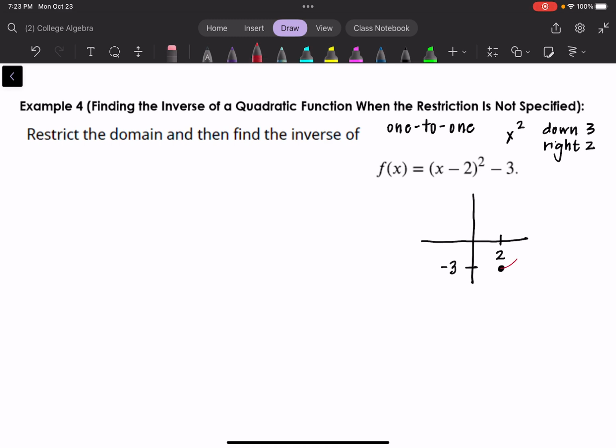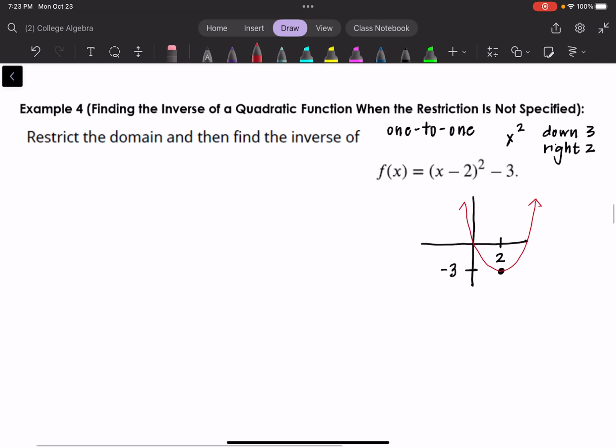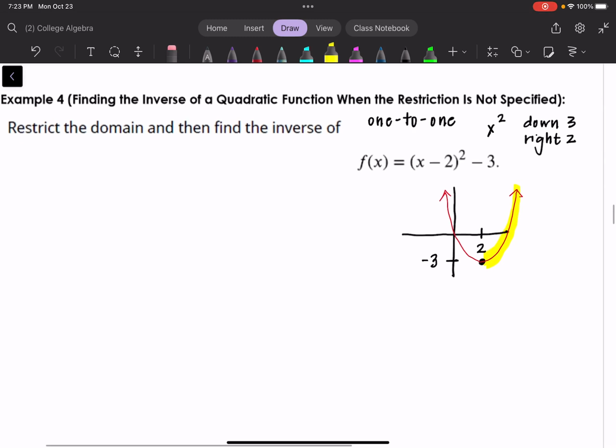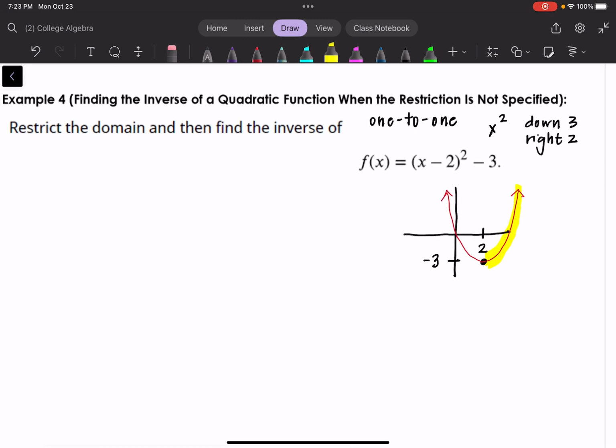And so from there, remember, if we want the strictly increasing part of the function, then we only want this domain, right, greater than or equal to 2, because we want that to be non-decreasing. And so we will restrict this domain to be x greater than or equal to 2. You could also choose less than or equal to 2. It doesn't really matter. You'll just have to continue with that when you find the inverse.